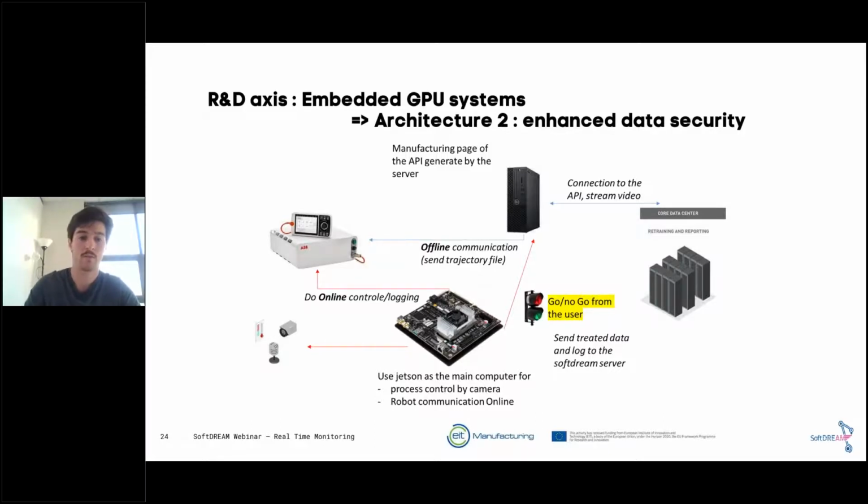So maybe the other architecture is to have the Jetson do the online control, but totally separated from the online server, I mean the internet access. We just leave the offline communication for the exchange of files and folders through an external computer connected to the server, and all the actions which need real-time control have the Jetson next to the robot, but not connected to the server at all.